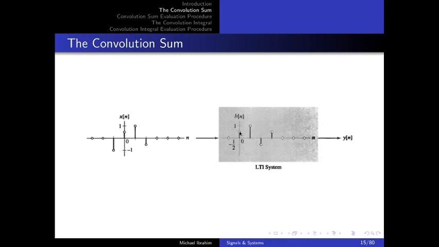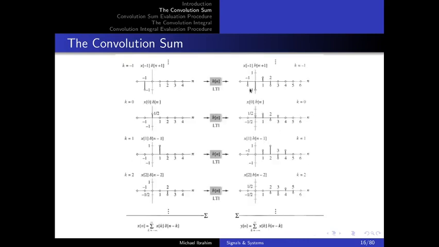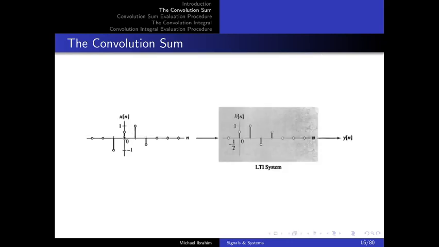Instead of starting at 0, it should start at -1, and it will be multiplied by a constant, this weight, -1. So this impulse response will be shifted, starting at -1, and scaled by a factor of -1. And this should be added to the next one. Here we have an impulse at 0 and its weight is 1/2. So this impulse will result in this impulse response weighted by half.